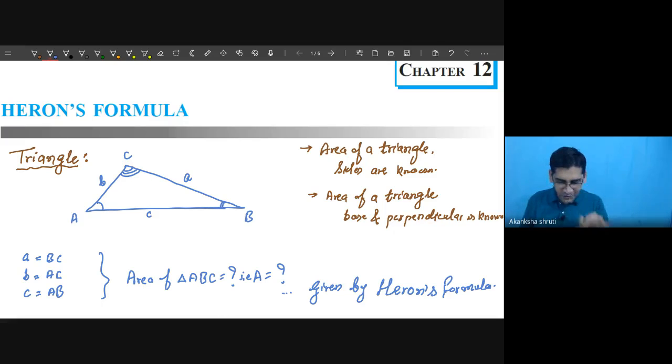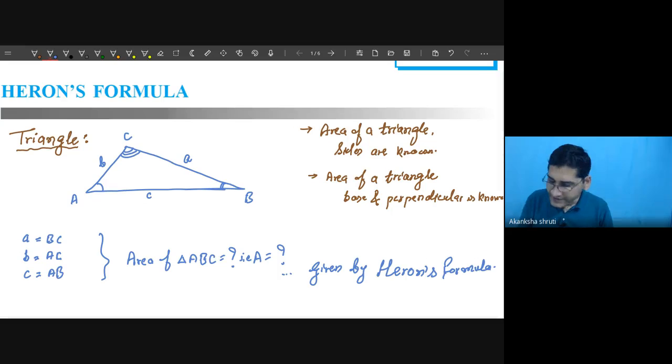According to Heron's formula, for getting the area, you need to first find the perimeter, divide it by 2 to get the semi-perimeter. Then in terms of the semi-perimeter and the side lengths, the area can be determined. This is Heron's formula.